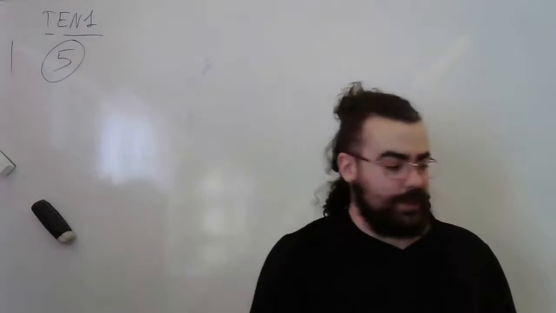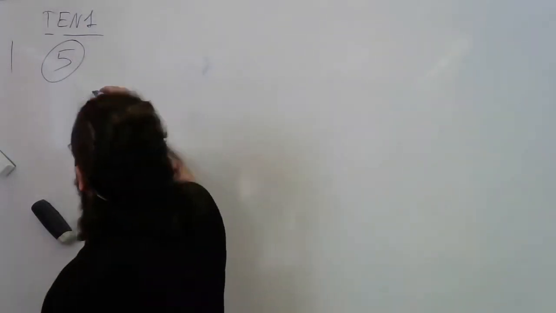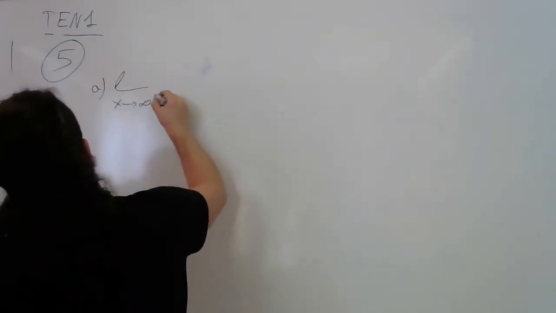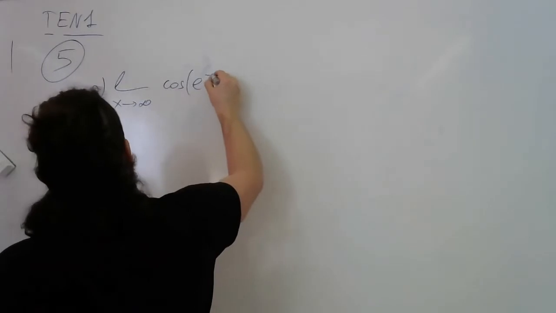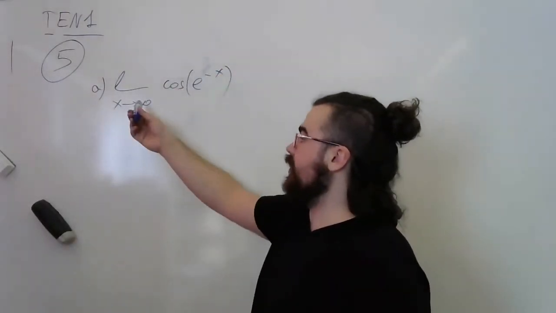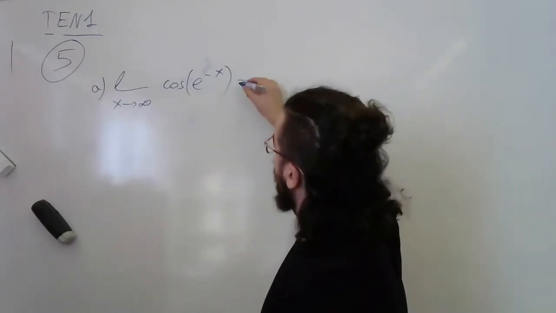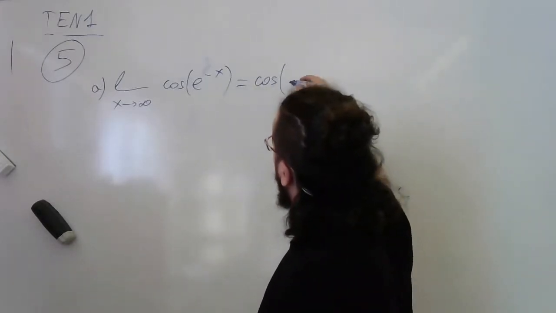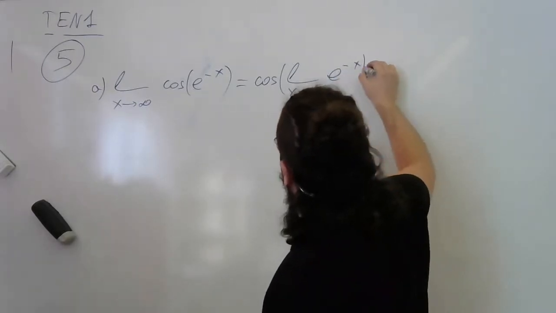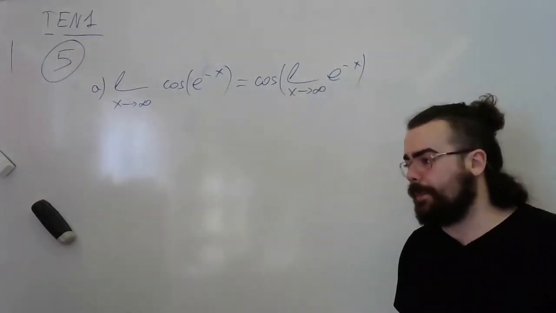So speaking of 5s, let's solve exercise number 5, which is limits. The idea of these limits is to evaluate them or say why they don't exist. Now, how do we solve this? Cosine is continuous and the limit is continuous, so what we are going to do here is this step.